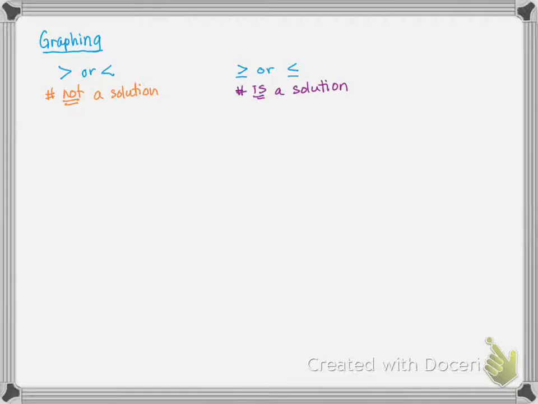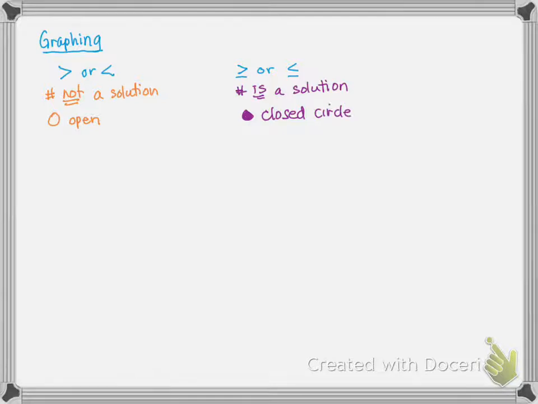So to indicate that, we need to draw a circle at our given number. We are going to do what's called an open circle. That's going to go with greater than or less than, because the number we're going to graph is not a solution. And if the number is a solution, we're going to do what's called a closed circle. I don't think I wrote circle over there.